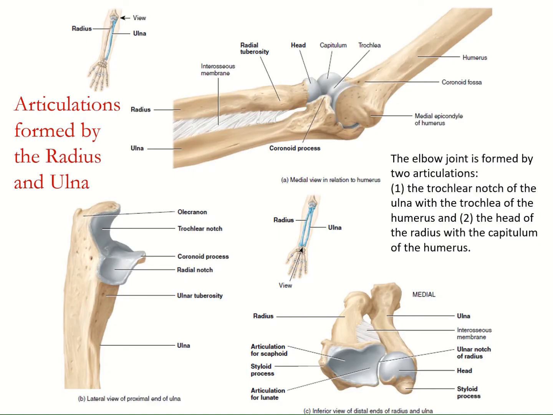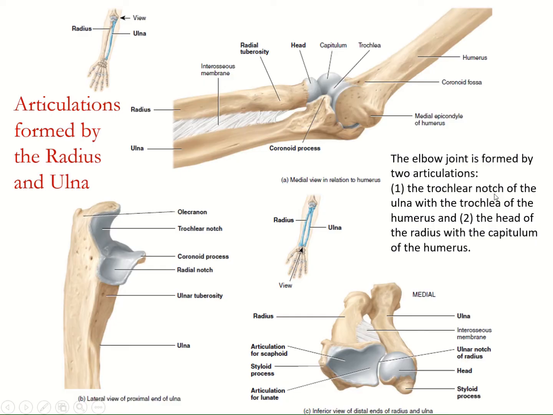What are the articulations formed by the radius and ulna? Let's get oriented with a picture over here. This is your humerus, the arm. This is your forearm: your radius and your ulna. Radius, lateral; ulna, medial. The elbow joint is formed by two articulations.